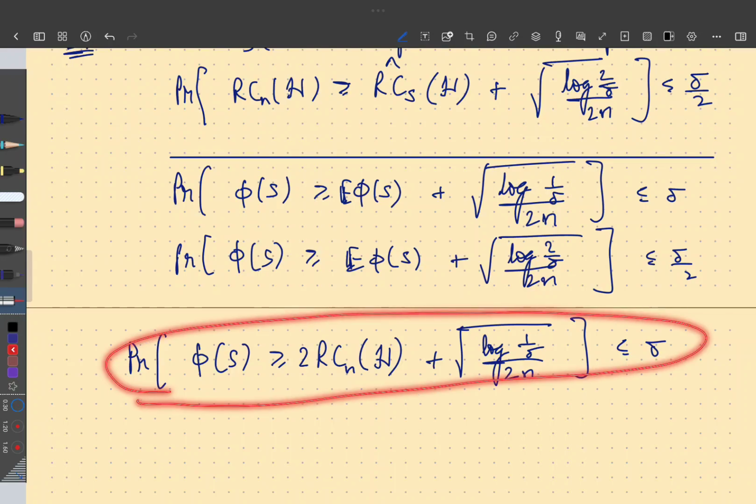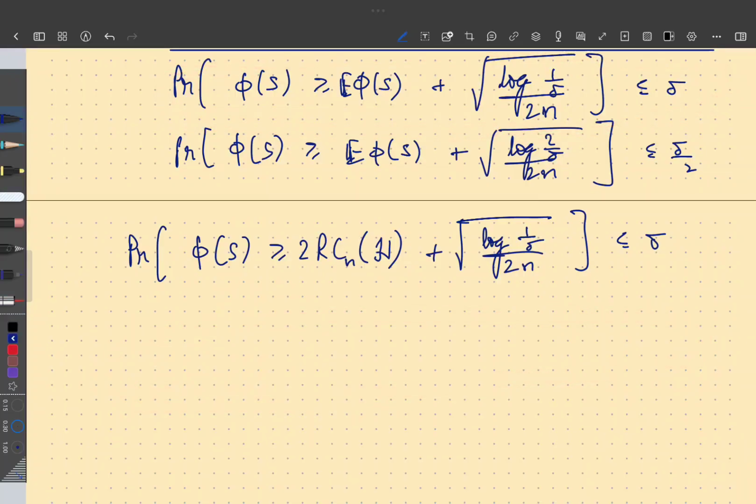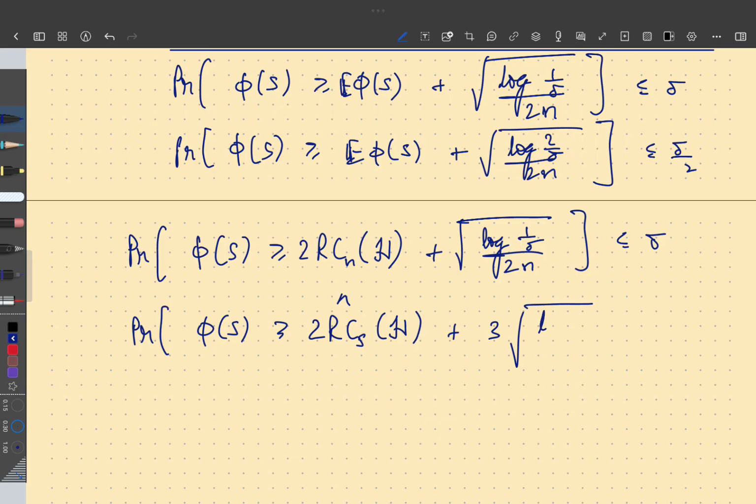So combining this along with this here, and using the union bound, the probability that phi of S is greater than or equal to 2 times the empirical Rademacher complexity of H plus 3 times square root of log 2 over delta by 2n is less than or equal to delta.